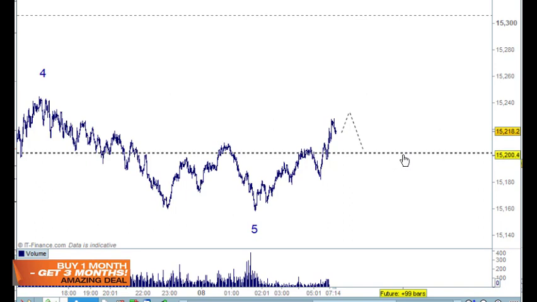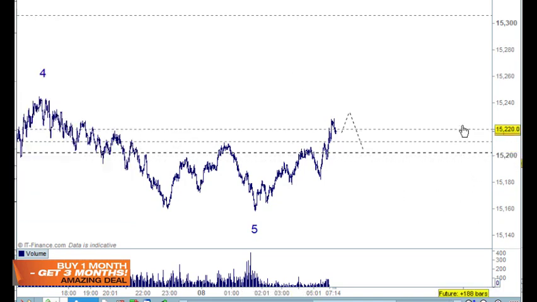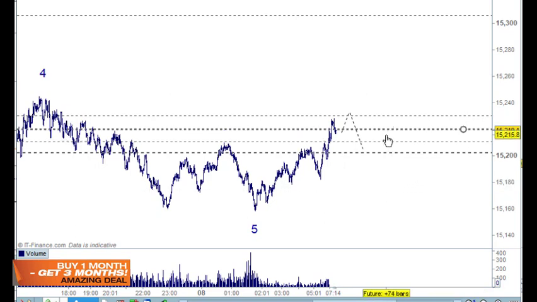Then we can look at subgroup 1, which is 10, 20 and 30. If we get a tested support on top of 30, then that's going to naturally take us to 50. So we'd be on our way at that point.